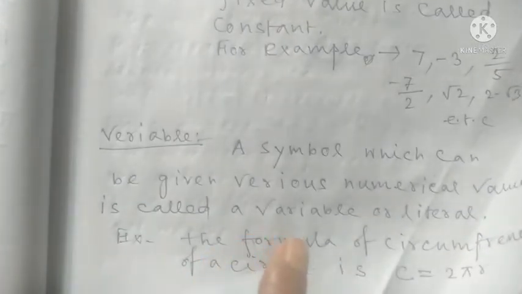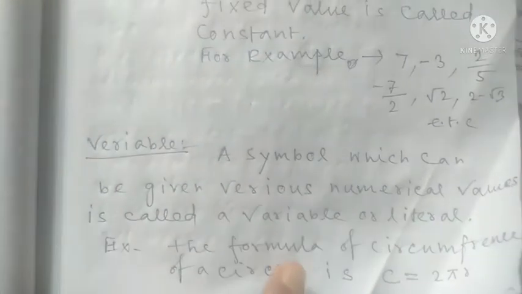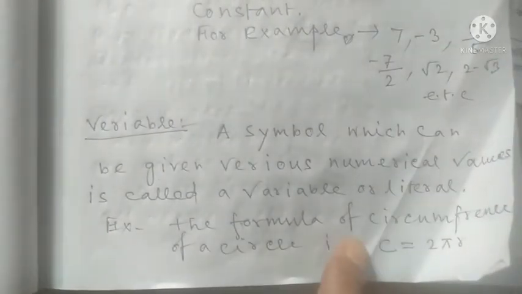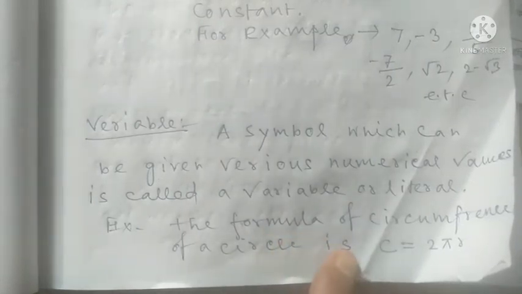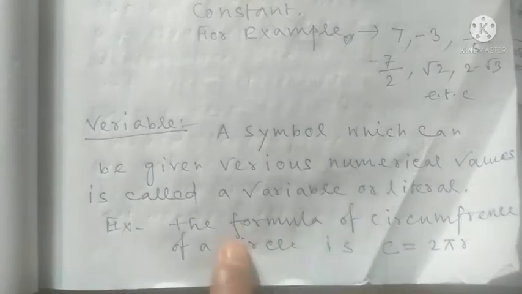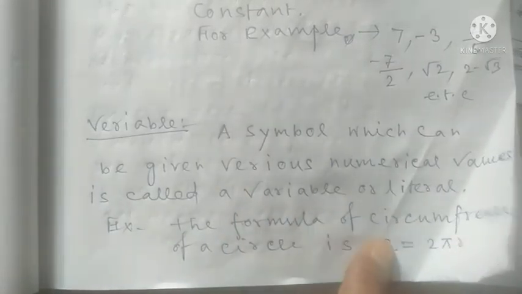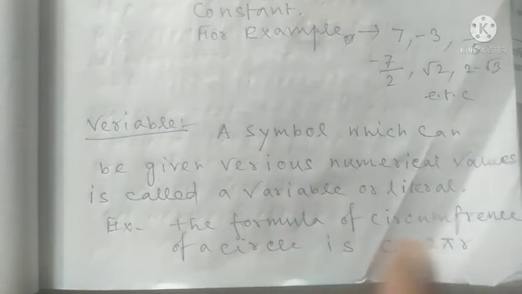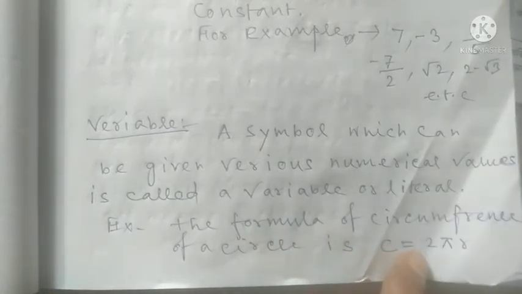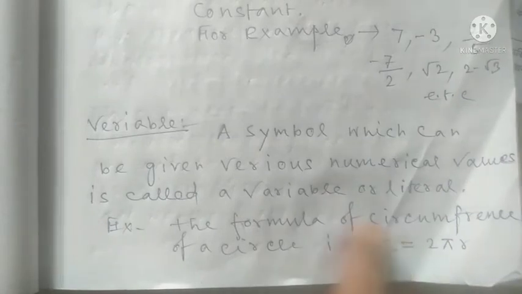For instance, the circumference of a circle, the perimeter of a rectangle, the perimeter of a square. In C = 2 pi r, r is the radius. If a circle has a radius, you can easily calculate the circumference of that circle, so you can say this is also a variable.